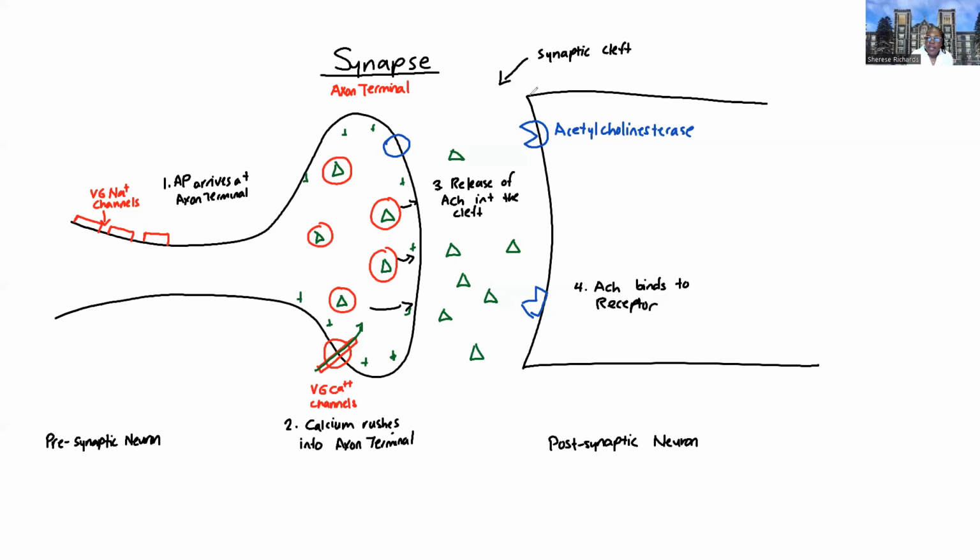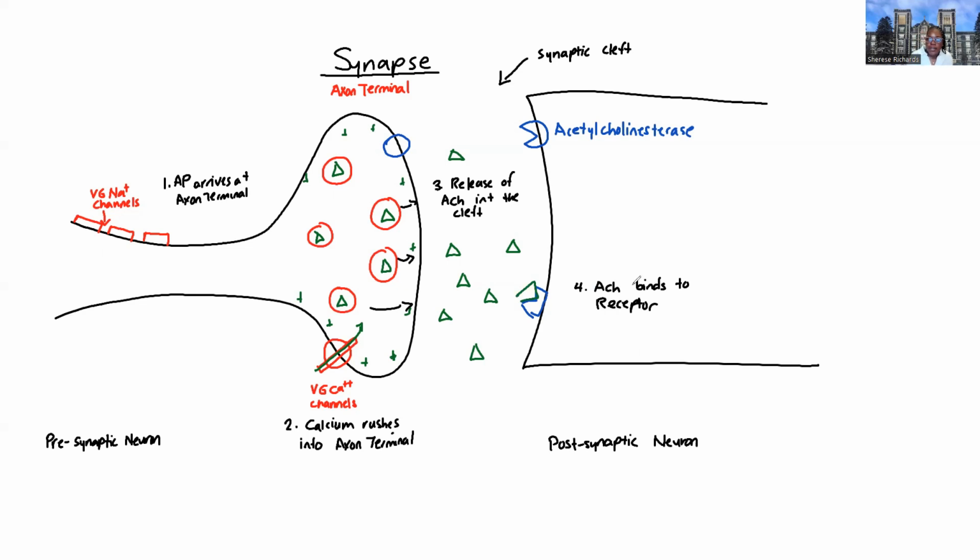Then step 5 is that we have to clear the junction. The binding of acetylcholine to the receptor is what triggers the signal crossing. So we can actually put our acetylcholine here in its receptor. This is what helps the signal to be transferred. We're starting as electrical energy, the action potential, then chemical energy, the neurotransmitter, and then we're back to electrical energy when we depolarize by the binding of the acetylcholine to its receptor.